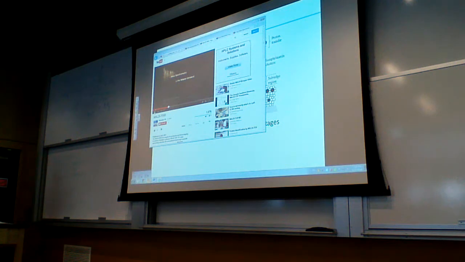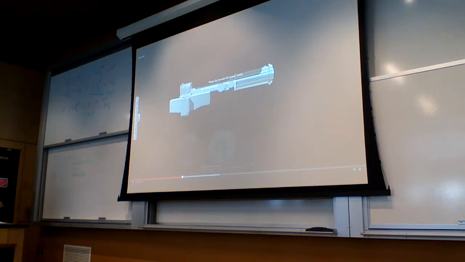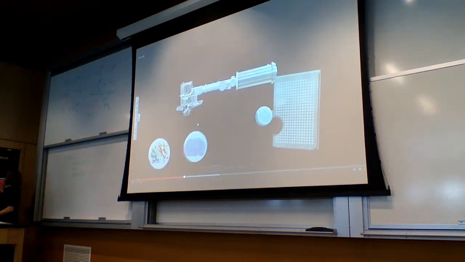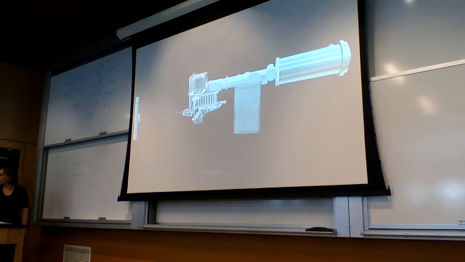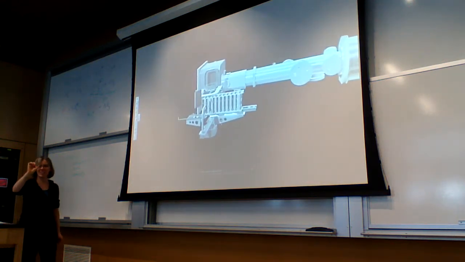So here is the matrix. So they're putting the little samples on the little dot, that's their matrix.